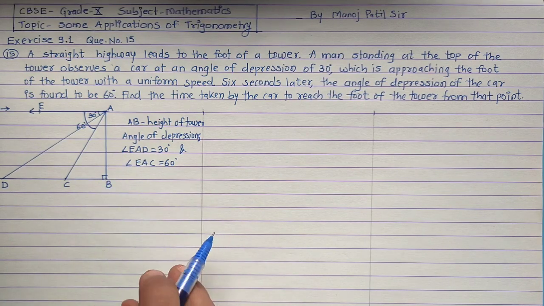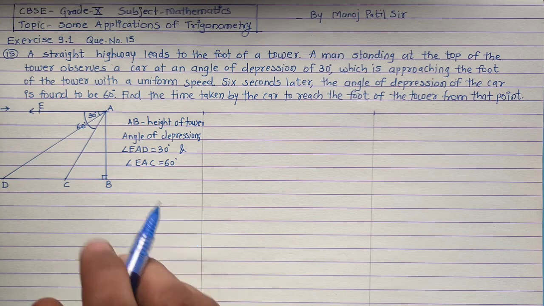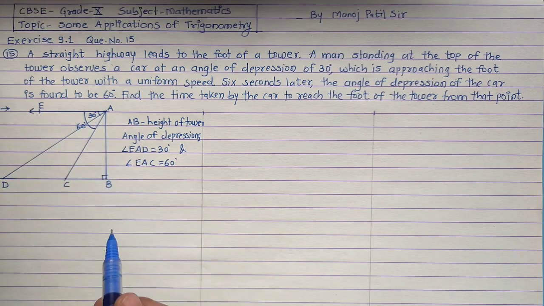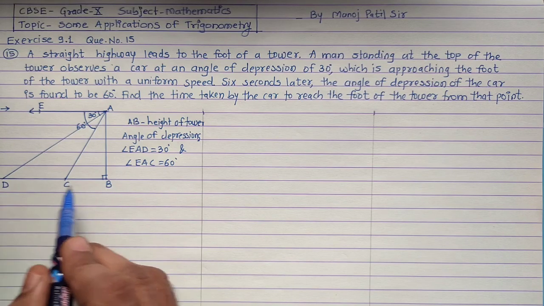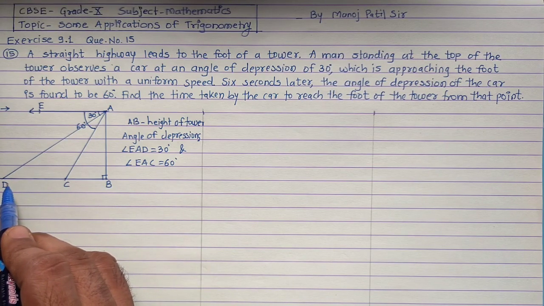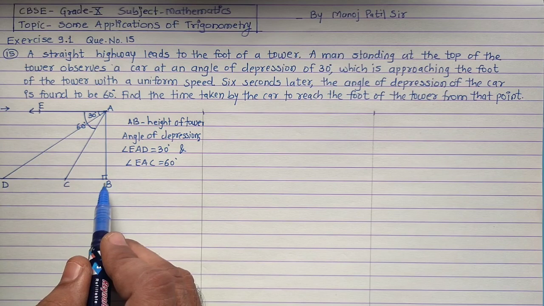B is the foot of the tower. Now AE is a horizontal line and BD is the road which leads to the foot of the tower, that is B.